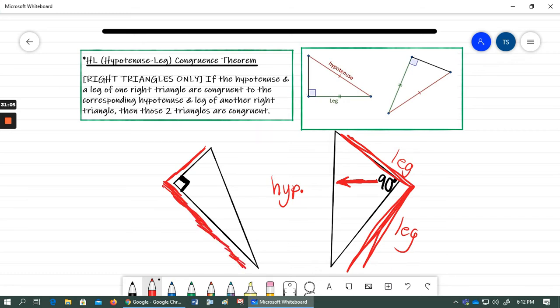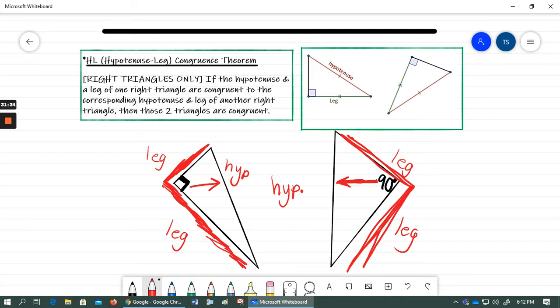Again, we're not talking about these two sides right beside your 90 degrees, but the side that is opposite from that right angle. That one is your hypotenuse, the longest side of a right triangle. The other two sides, right beside the 90-degree angle, are your legs.